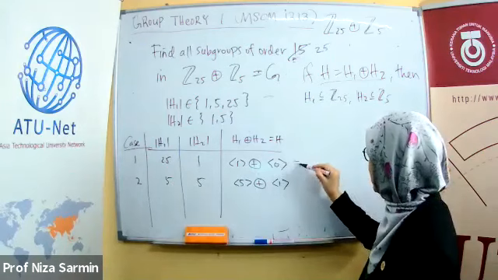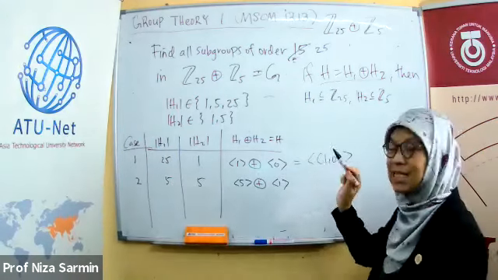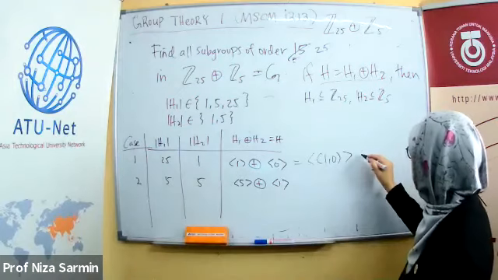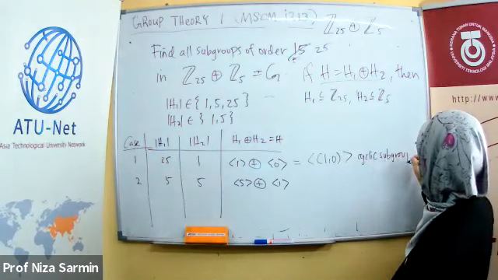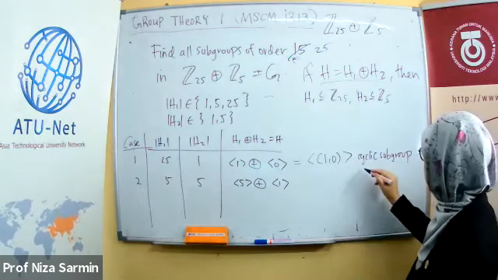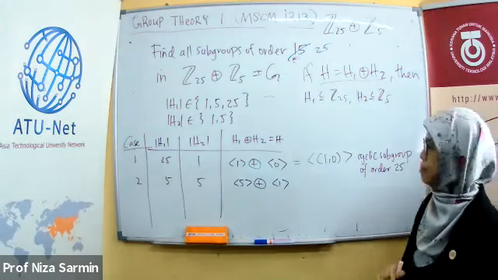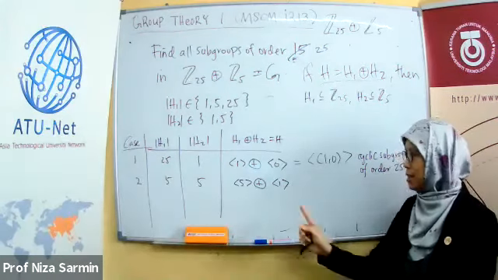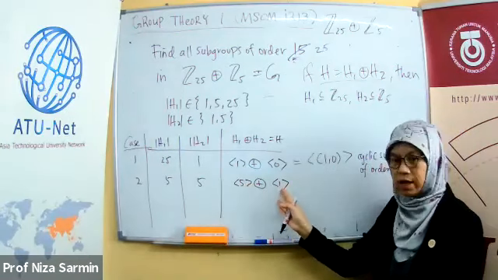So you can actually write this as this. So this is actually a cyclic subgroup of order 25. Okay? This one is order 25 because this is order 5, this is order 5.